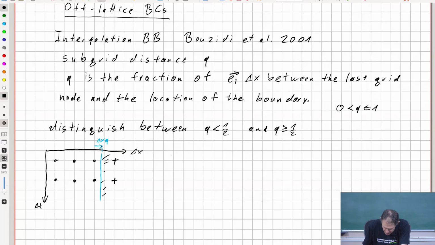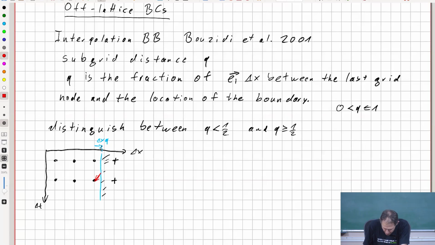So this is the wall, and now what we want is that the particle that arrives here, so the particle should arrive here, right?